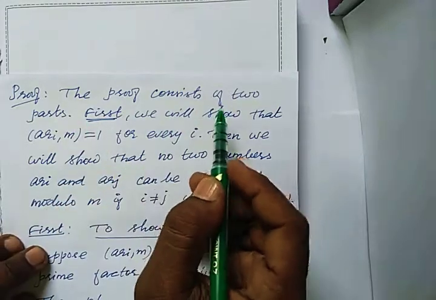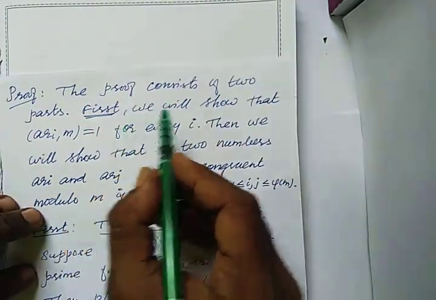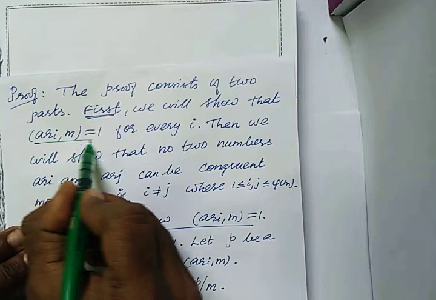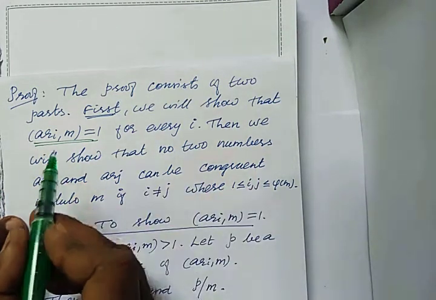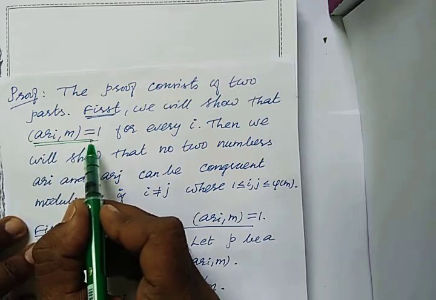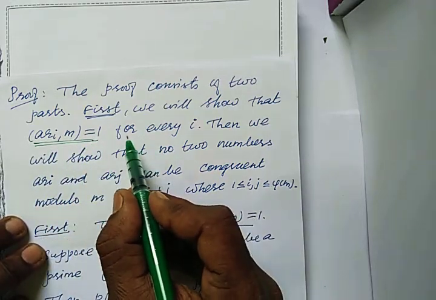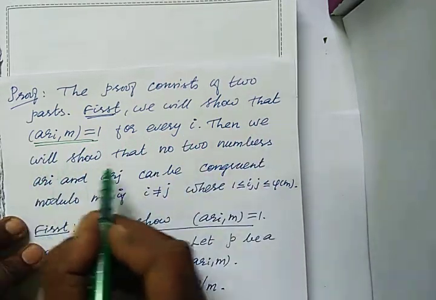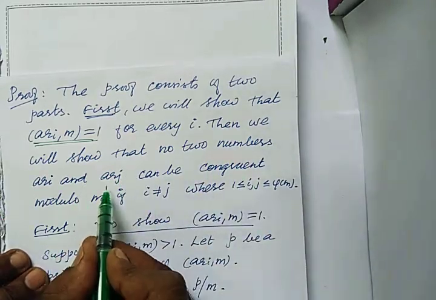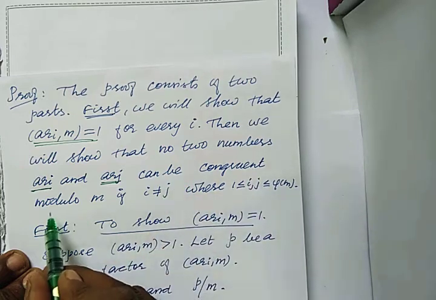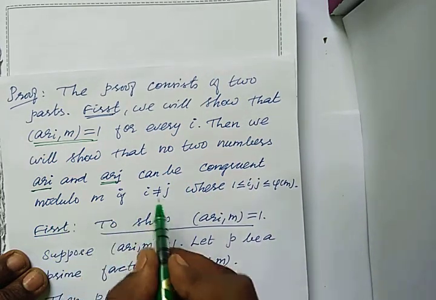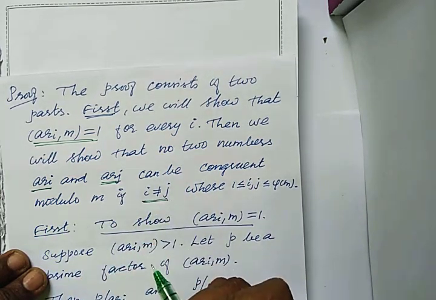The proof consists of two parts. First we will show that this is relatively prime to m for each i. Then we will show that no two numbers Ari and Arj can be congruent modulo m if i is not equal to j.